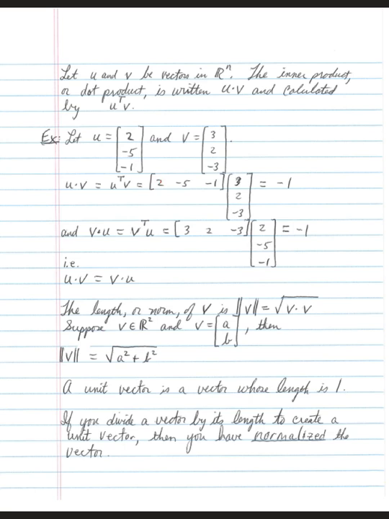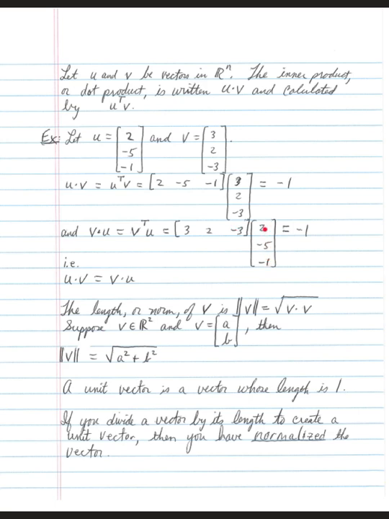2 times 3 plus negative 5 times 2 plus negative 1 times negative 3 comes out to negative 1. If you multiply in the other direction and calculate the dot product of V and U, or V dot U, then it's V transpose times U. Take matrix V, lay it down, that's its transpose.